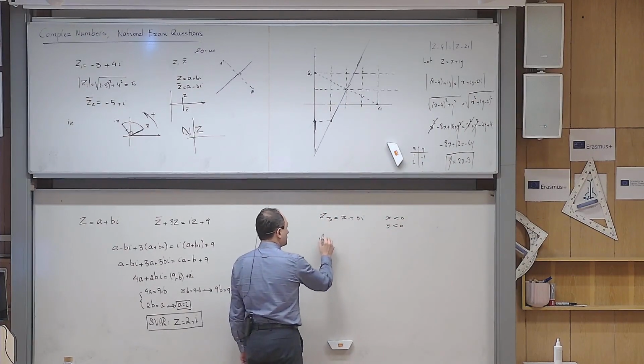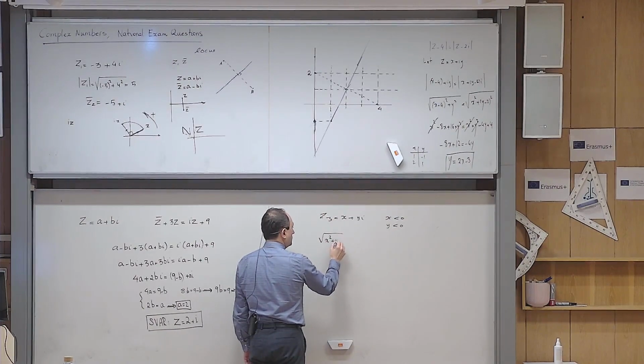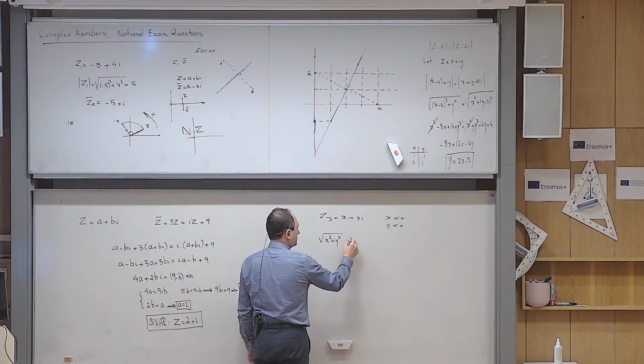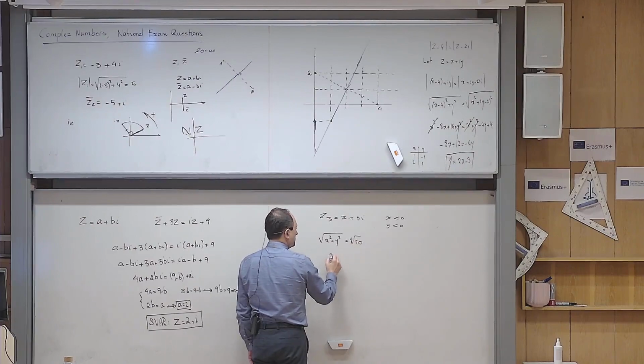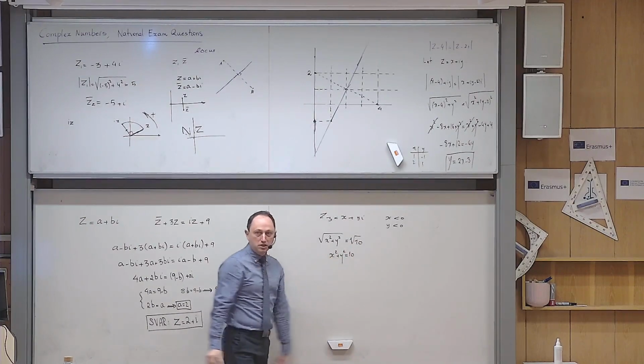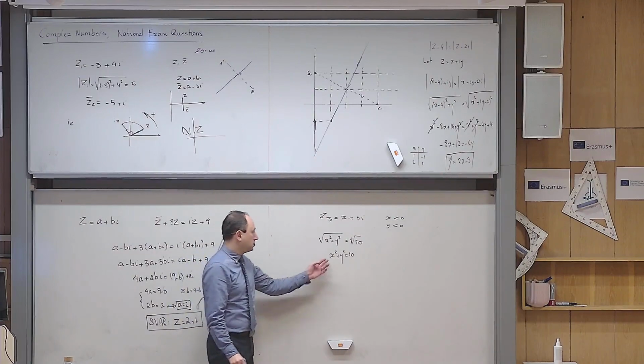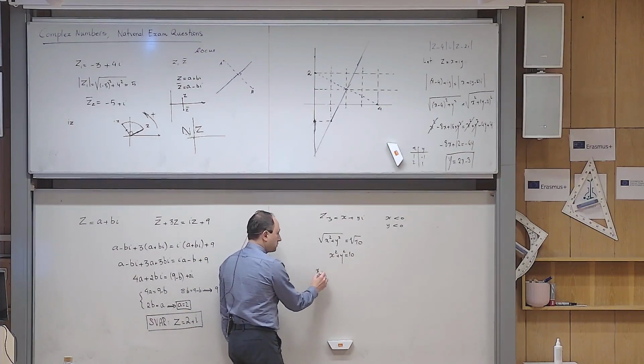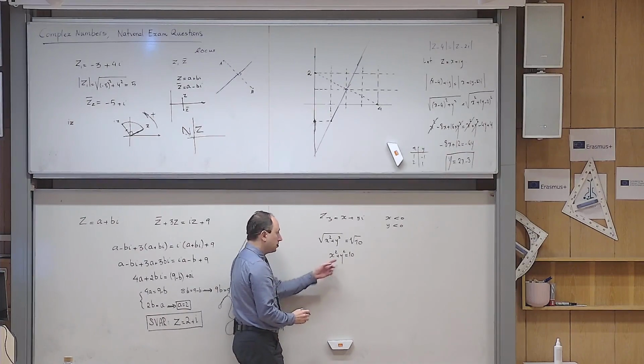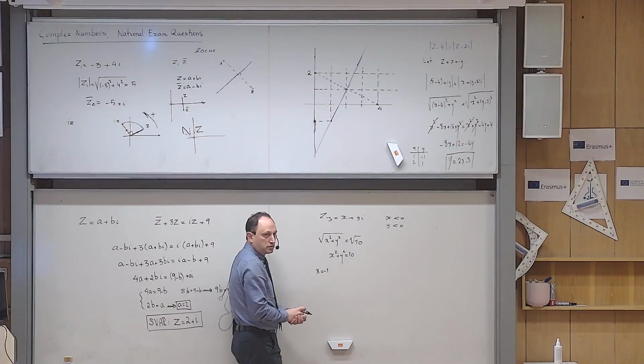And I know that the square root of x squared plus y squared, which is the absolute value, is supposed to be square root of 10. It means x squared plus y squared is 10. And then you can guess numbers. For example, I just pick minus 1 for x, and then I find what y is.